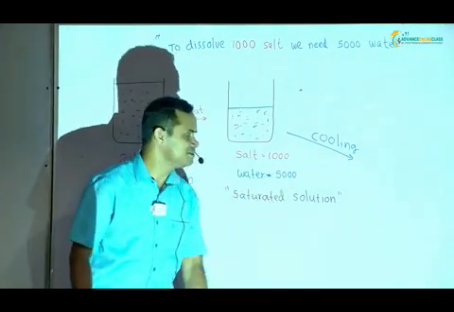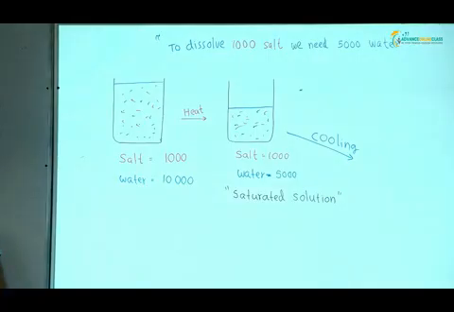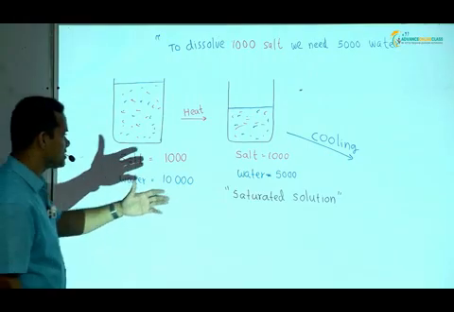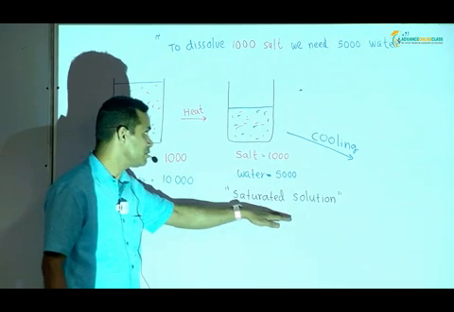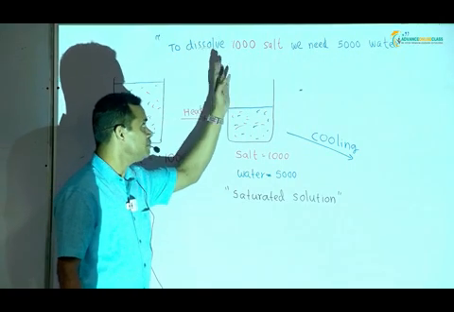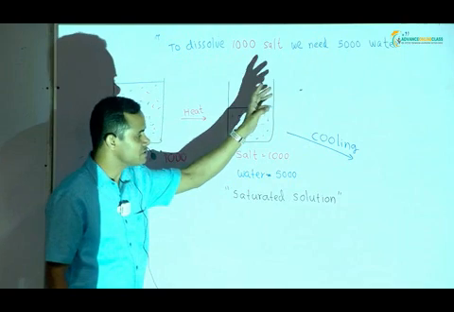If we cool it, what happens? Solubility decreases. Now can 5000 water keep 1000 salt particles dissolved in it? Now can't. This solution is saturated, that means the maximum amount 1000 is there in 5000 water.